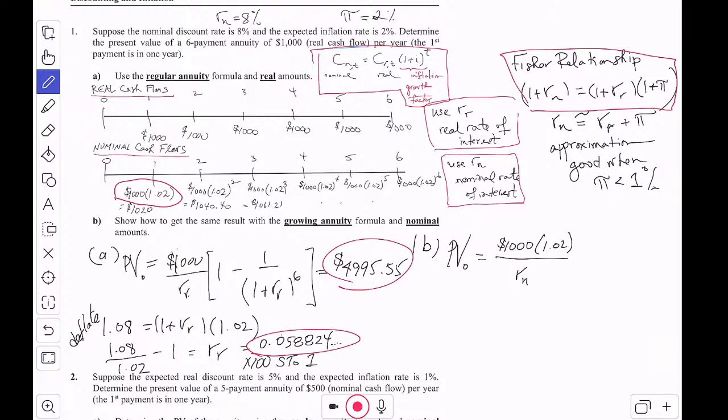I know what it is, I can just put it in there, but I'll stress the point. So it's the nominal rate minus the growth rate, right? That's the growing annuity formula.